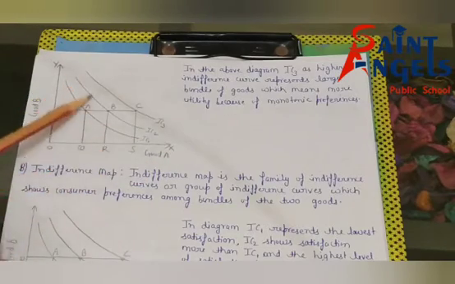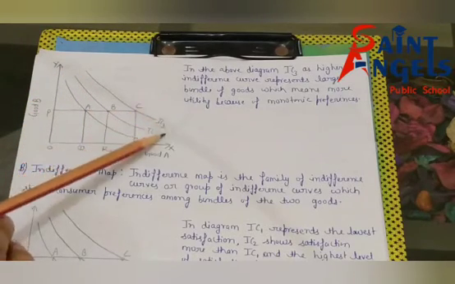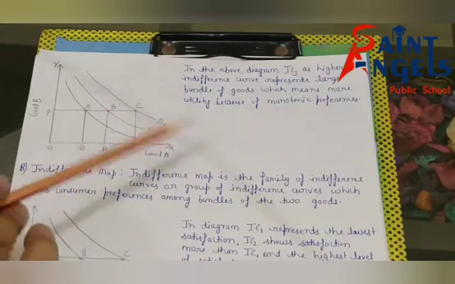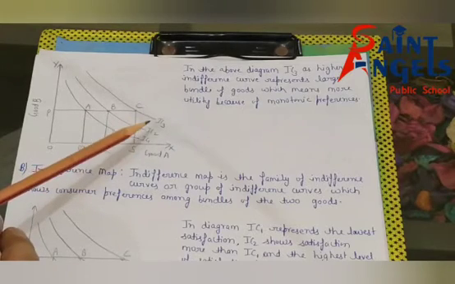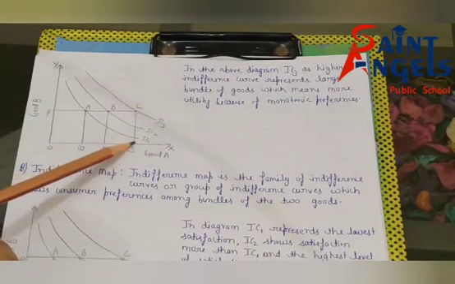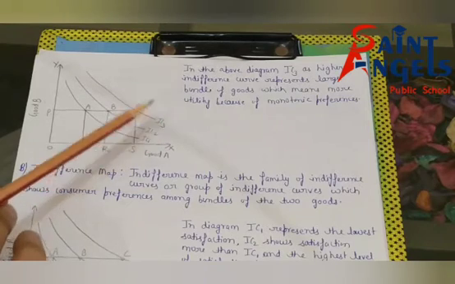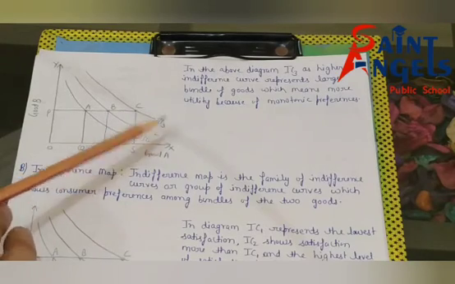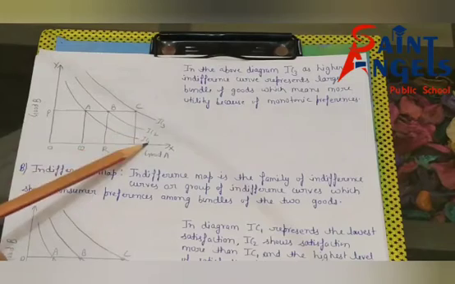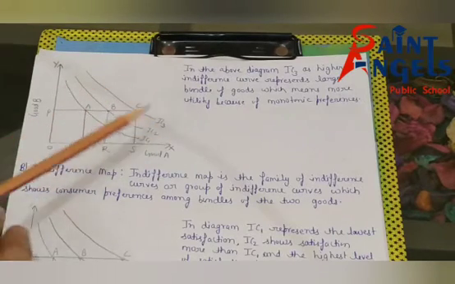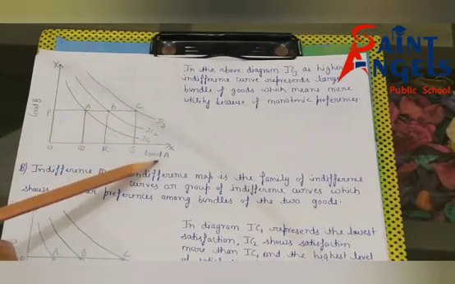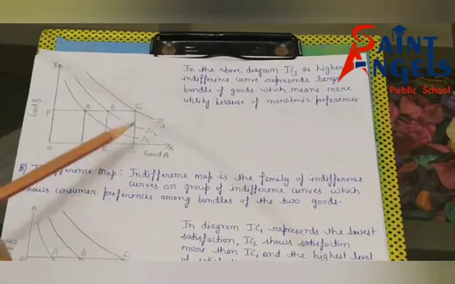Now you know that IC3 is higher as compared to IC1 and IC2. It means IC3 will give a higher level of satisfaction to the consumer as compared to IC1 and IC2, because IC3 consists more units of good A, according to this diagram.